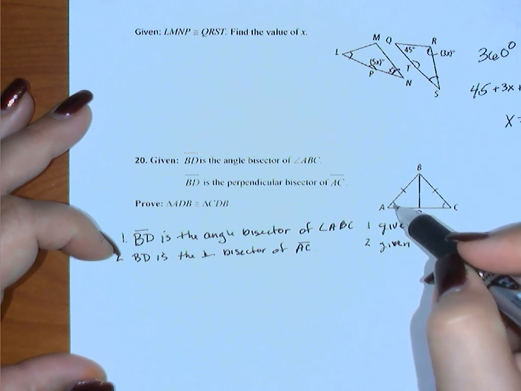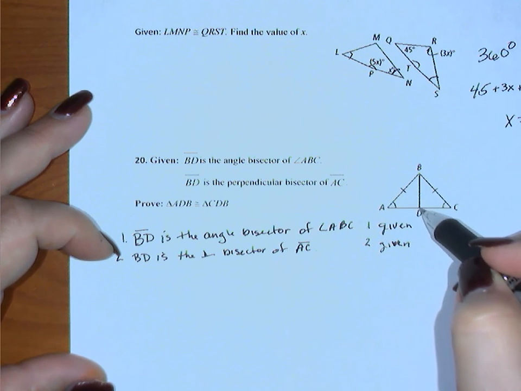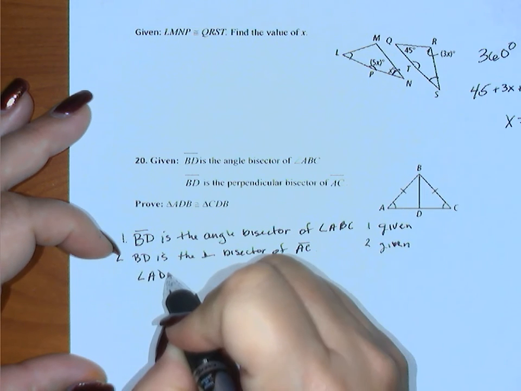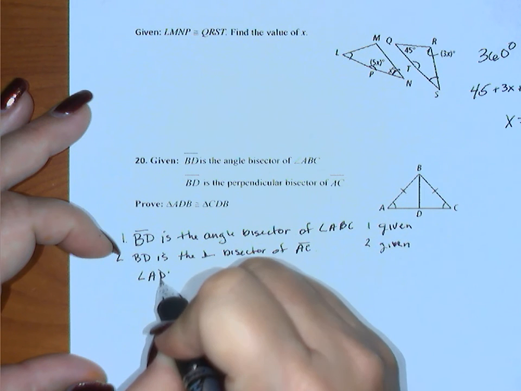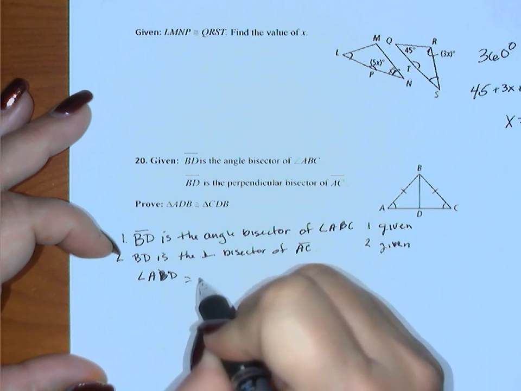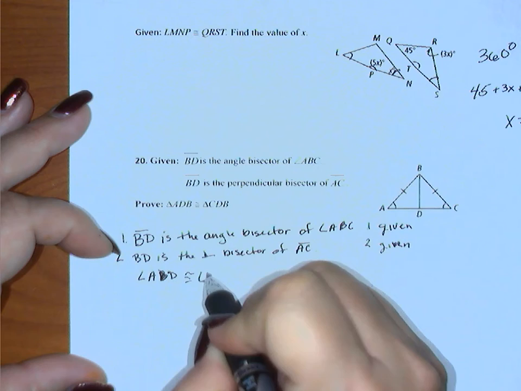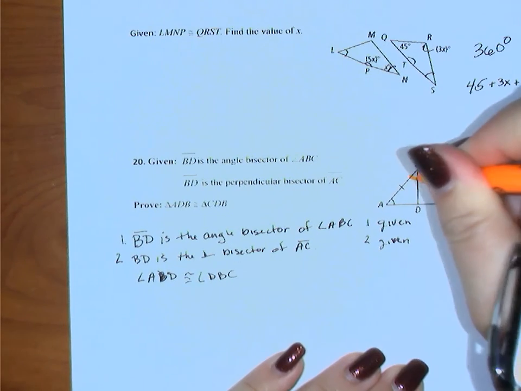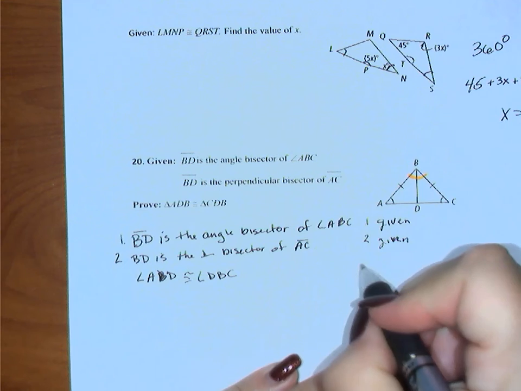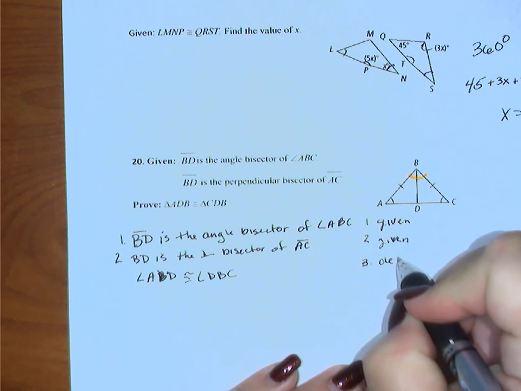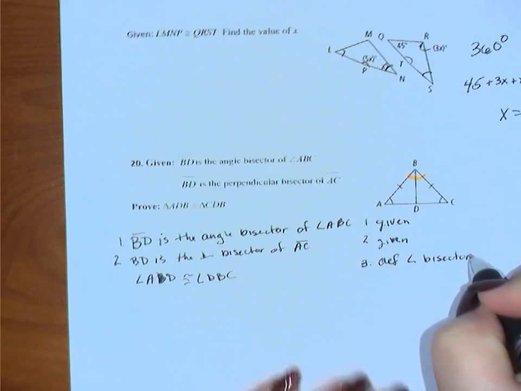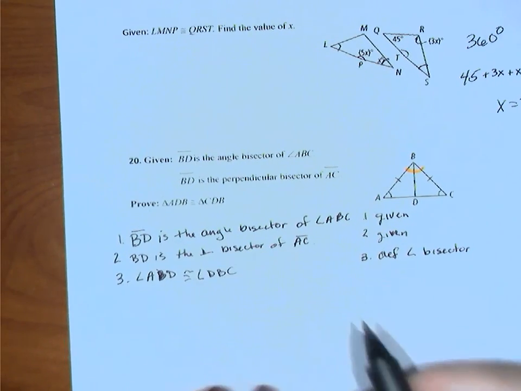So angle ABD is congruent to angle DBC. This top angle is congruent to the other top angle, this one right here. Why? Because that's the definition of angle bisector. Right? It cuts the angles in half. They're equal to each other.